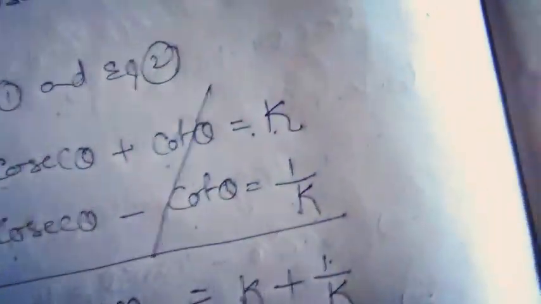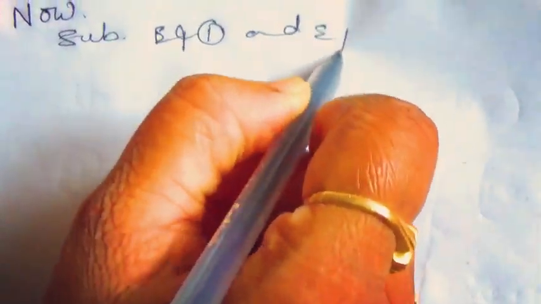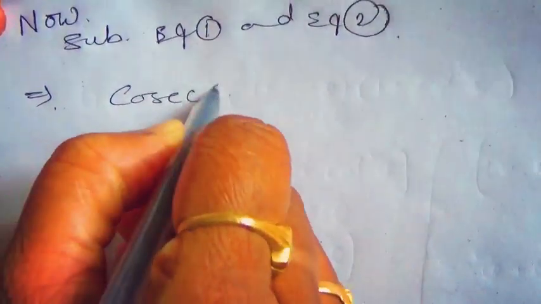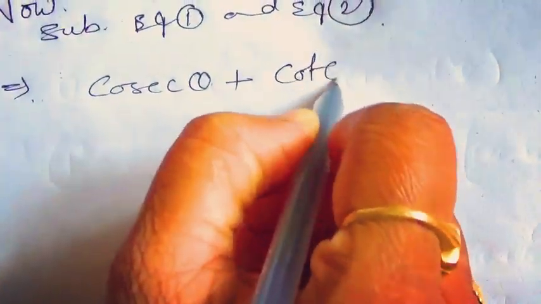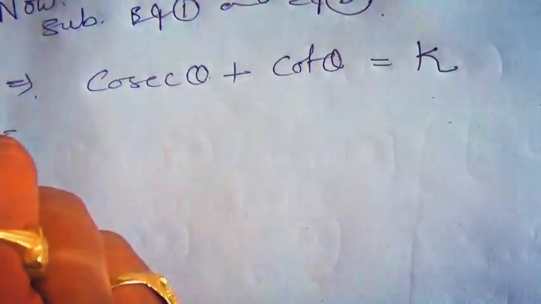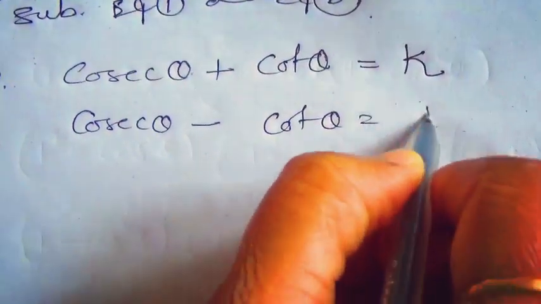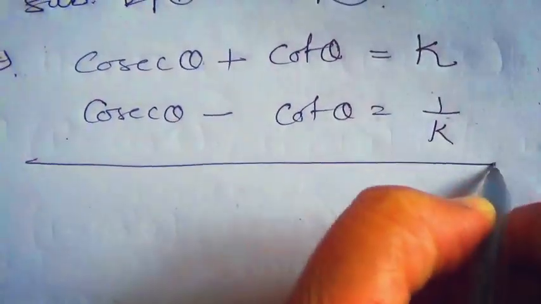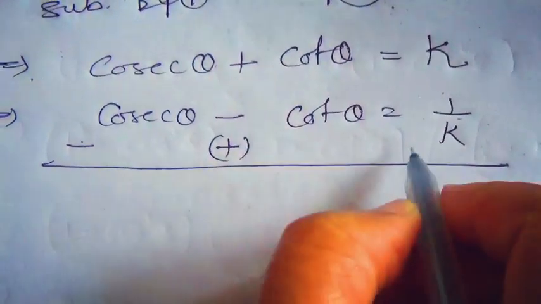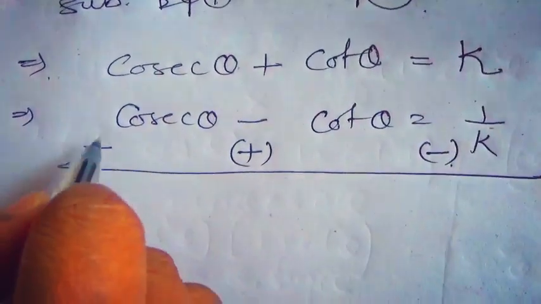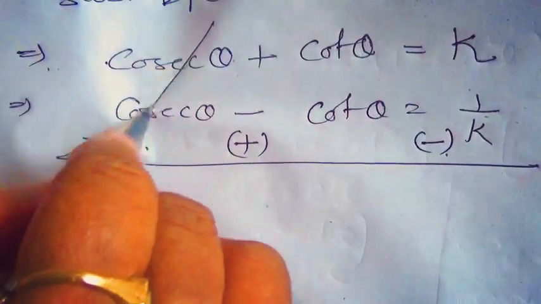Now subtract equation number 1 and equation number 2. Equation 1 is cosecant theta plus cot theta is equal to k. Equation 2 is cosecant theta minus cot theta is equal to 1 by k. You just change the signs, because it is subtraction. So cosecant theta minus cosecant theta cancelled.